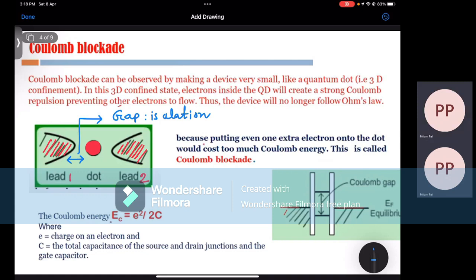Now this dot is very small, and because it's very small, the number of electrons placed in that dot is really very small.